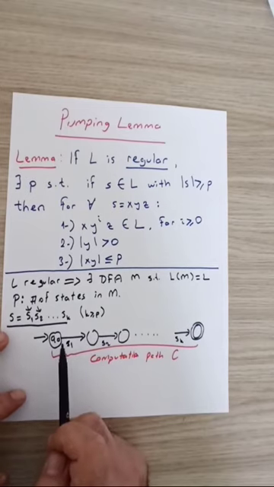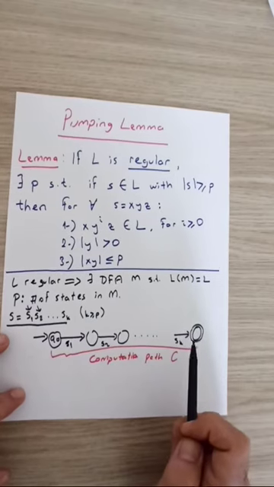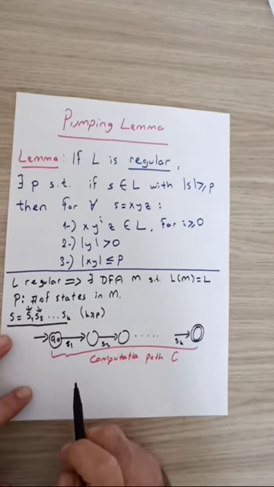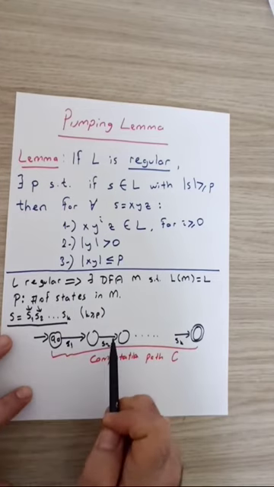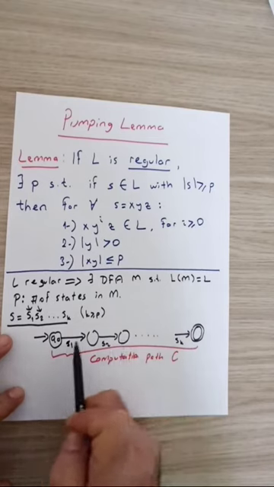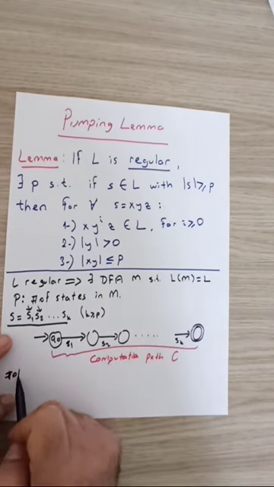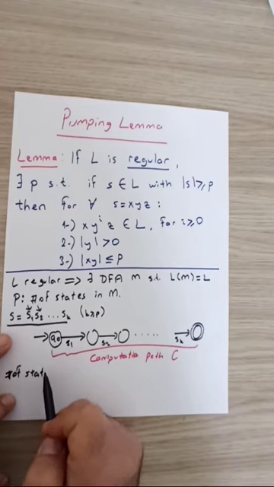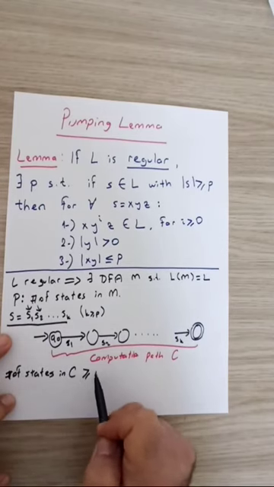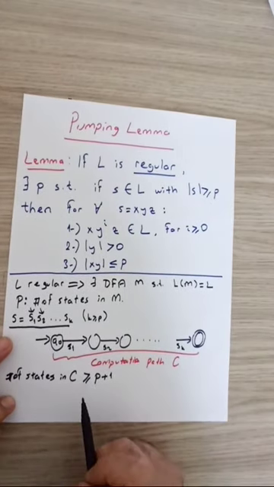Now note that in this path there exist at least p many edges. If there are at least p many edges in here, the number of nodes on this path, the number of states in this path C, is greater than or equal to p plus 1. Now what is the significance of this?